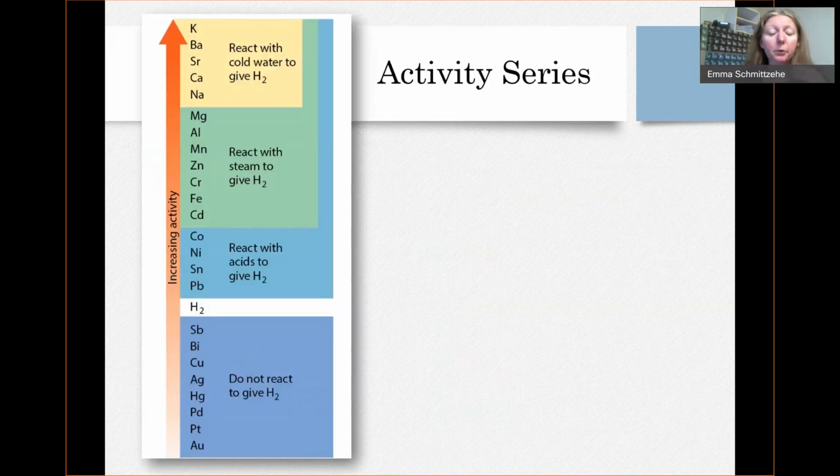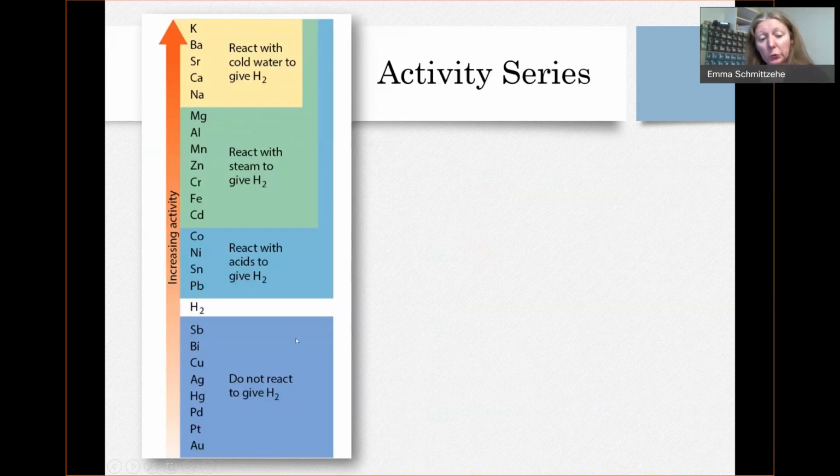Now, here's an example of an activity series. You can find longer ones that have more elements in them. This one is focused on metals, okay? So it shows you what metals are more reactive than others. And it actually also includes hydrogen in here. So that's the only non-metal this particular list includes.